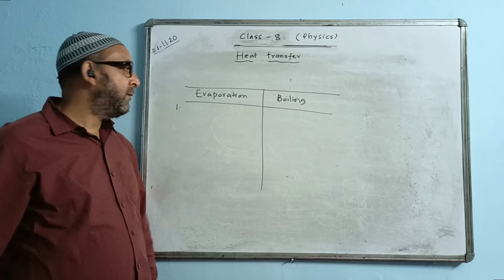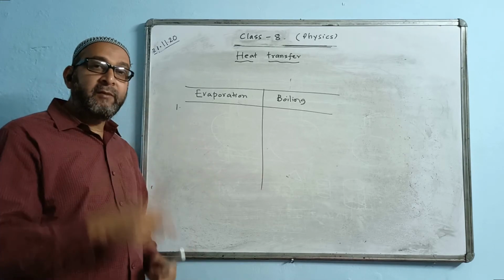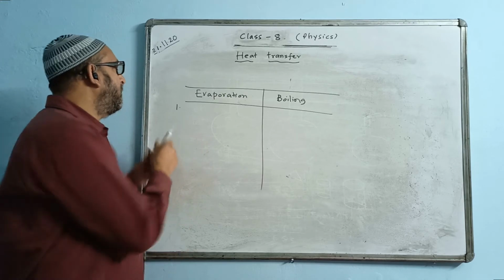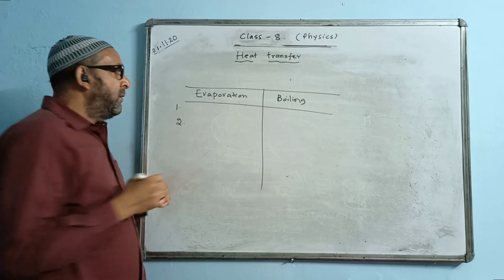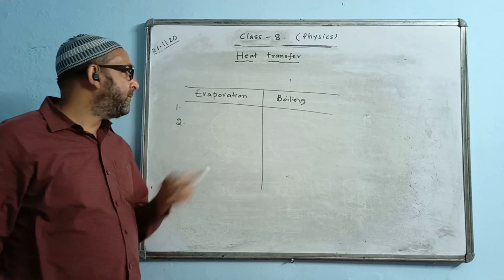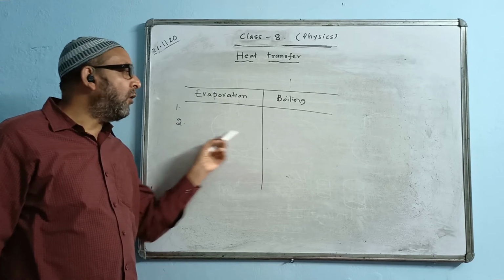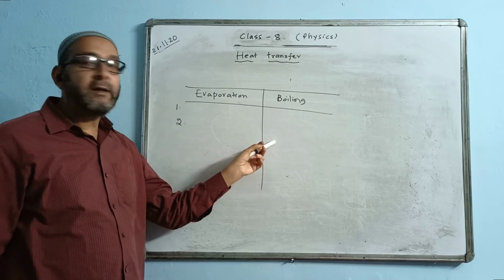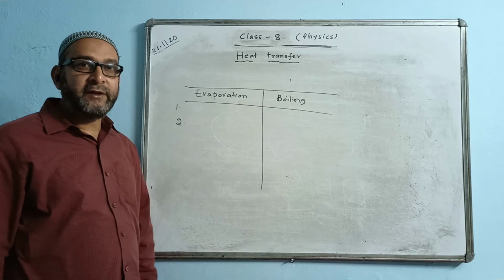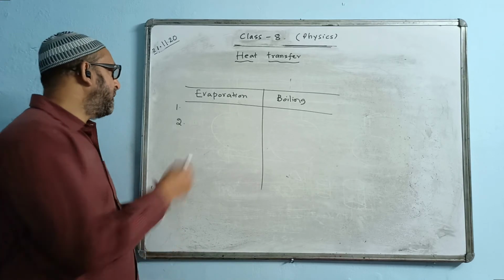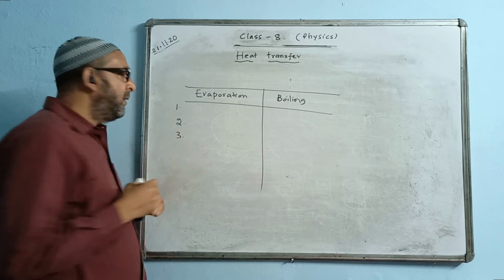That is point number one. You can compare with the previous chapter whether you have written the same difference. If not, you can add some new points. Second point of difference: evaporation occurs at all temperatures, and boiling occurs at a fixed or particular temperature.